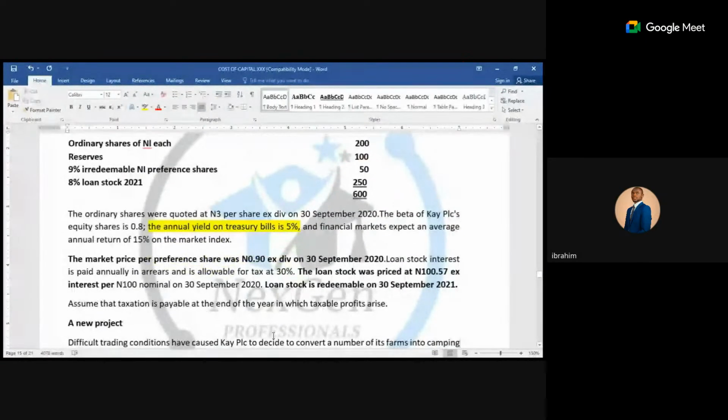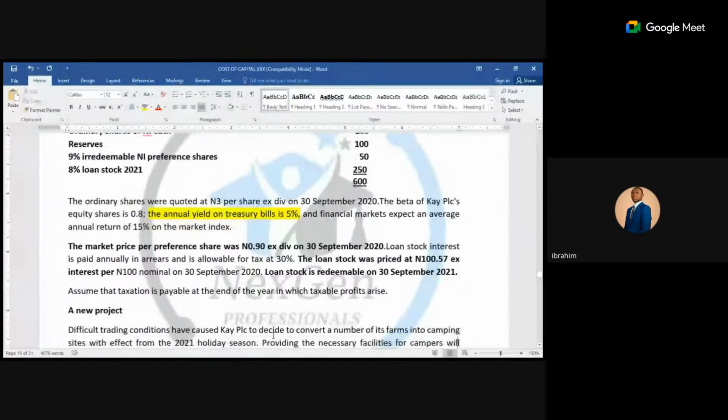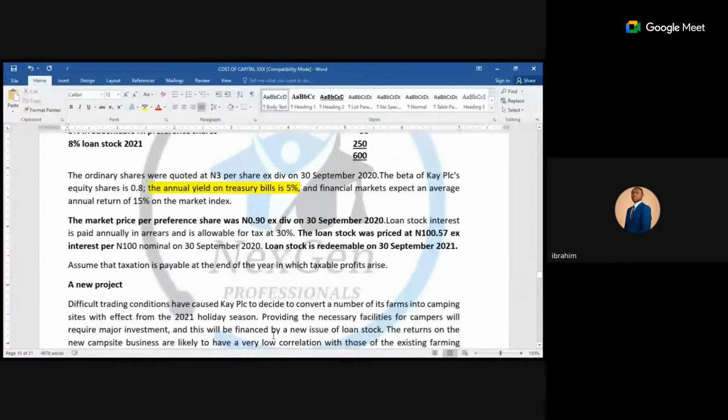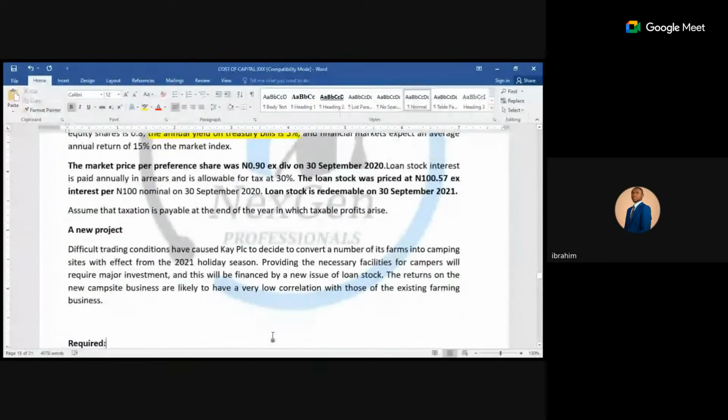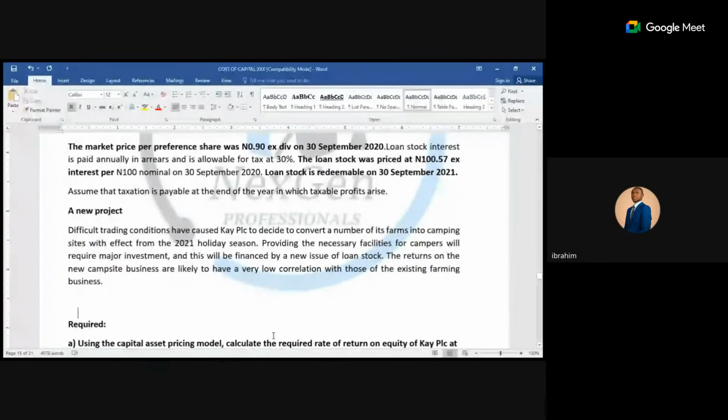Now, we move. Assume that taxation is payable at the end of the year in which taxable profits arise. Now they have a new project. We don't need this, because we don't want to move to the project specific cost of capital, right? But then let's read. A new project: difficult trading conditions have caused KPLC to decide to convert a number of its farms into camping sites with effect from the 2021 holiday season.